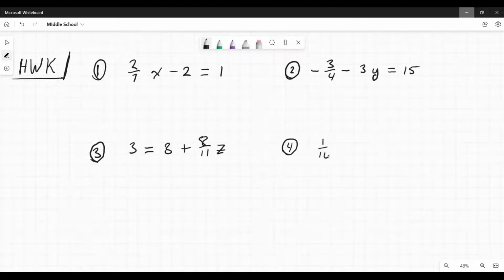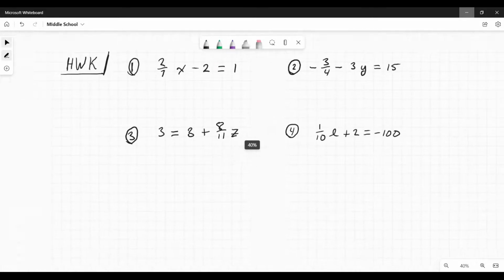One tenth L plus 2 equals -100. Number 5.